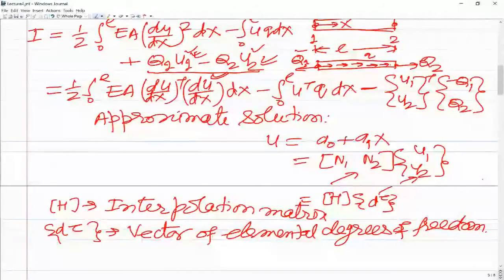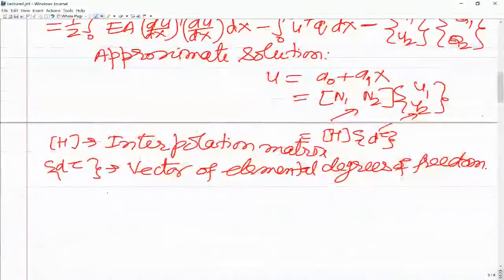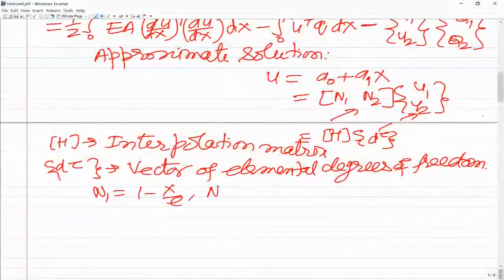So this is one thing: u equal to H into D. H is N1 N2 into u1 u2. N1 is 1 minus x by L, and N2 is x by L. So that also you have seen. Last class we did N1 as 1 minus x by L, and N2 as x by L.